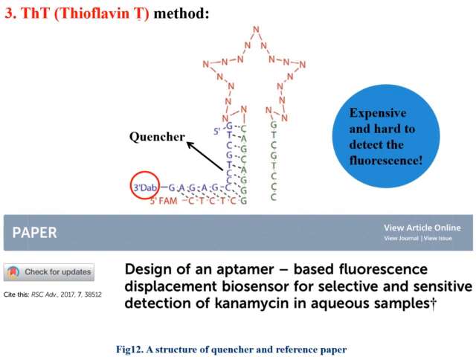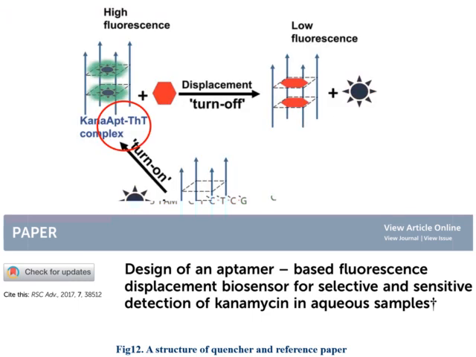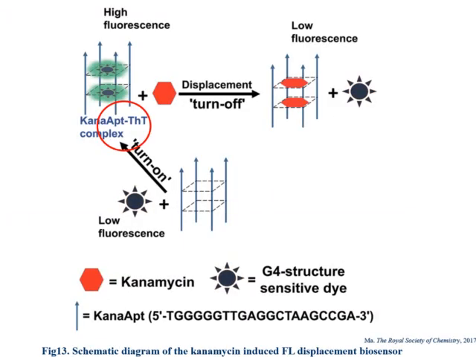So following this reference paper, we introduced a TG. TG is a strand displacement probe. So, how does TG work? We can see here, a TG can form a complex with aptamers. Here shows the high fluorescence signal.